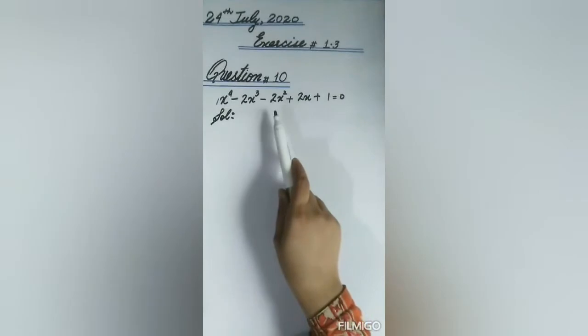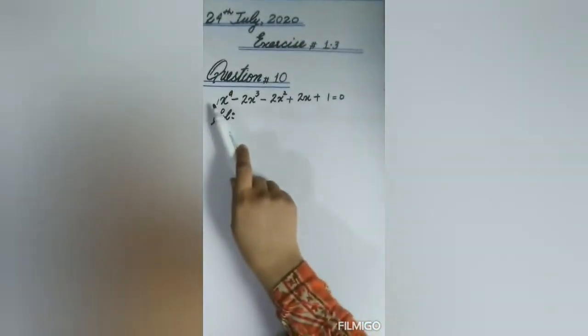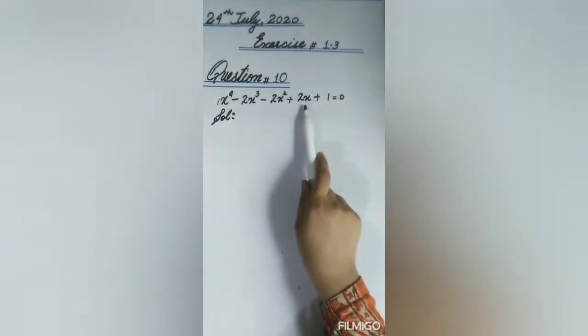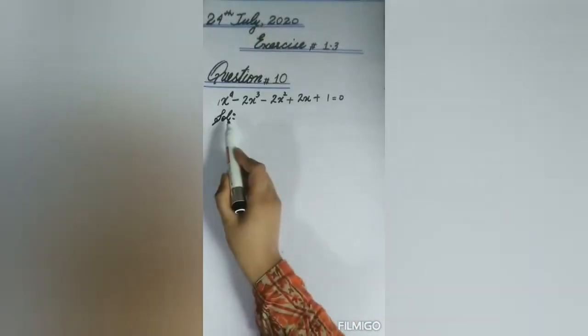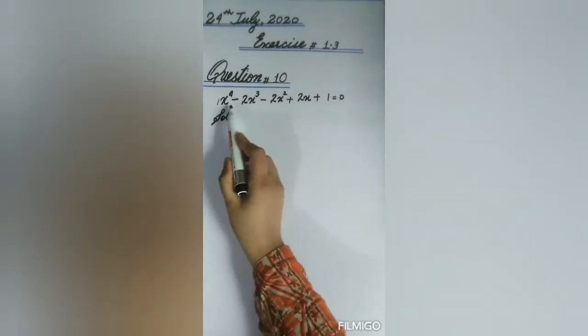How can we identify a reciprocal equation? If the power is reducing 1 by 1 and the first and last coefficients are the same, and the second and second last coefficients are the same, then this equation will be a reciprocal equation. Now we will make this equation a quadratic equation. How can we make a quadratic equation? In a quadratic equation the highest power must be x square.